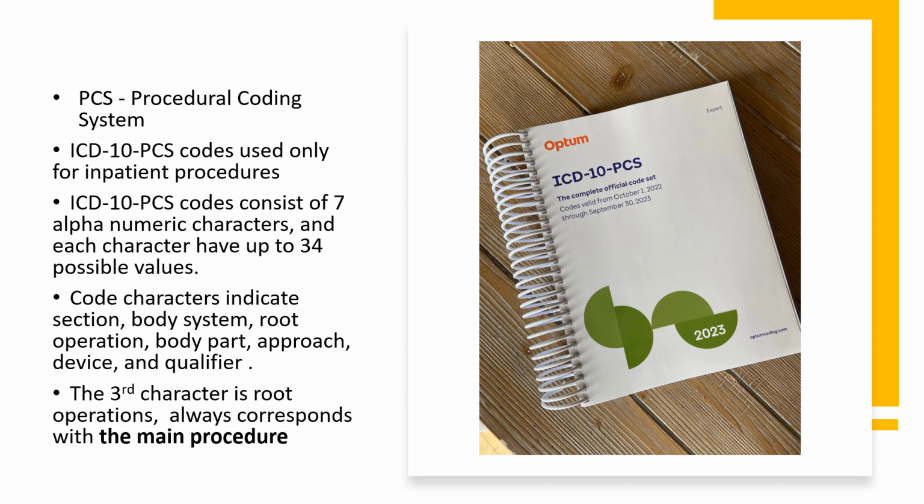The characters indicate section, body system, root operation, body part, approach, device, and qualifier. The third character, the root operation, always corresponds with the main procedure. So basically, it's the primary objective of the procedure.